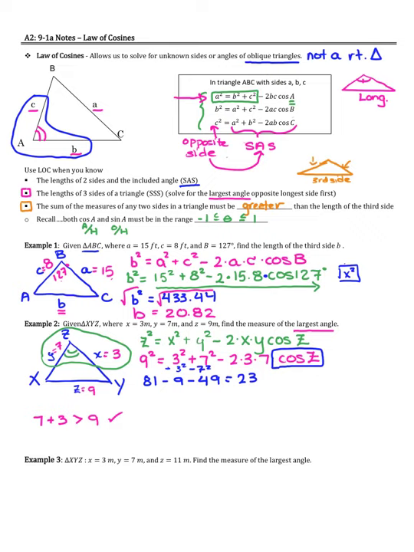So now we have 23 equals negative 2 times 3 times 7, so that is 21 times 2, so that's negative 42 times cosine Z. All right, so we still need to isolate our cosine Z, so I'm going to divide both sides by negative 42, and so 23 divided by negative 42 gives you negative 0.548.